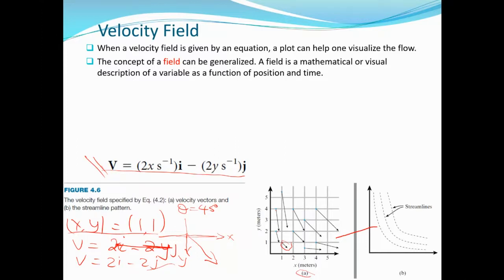Streamlines are always tangent to the velocity vector. So from this plot, we can sketch this streamline. Streamlines are always tangent to the velocity vector. You can see this is tangential at this point, tangential at this point.